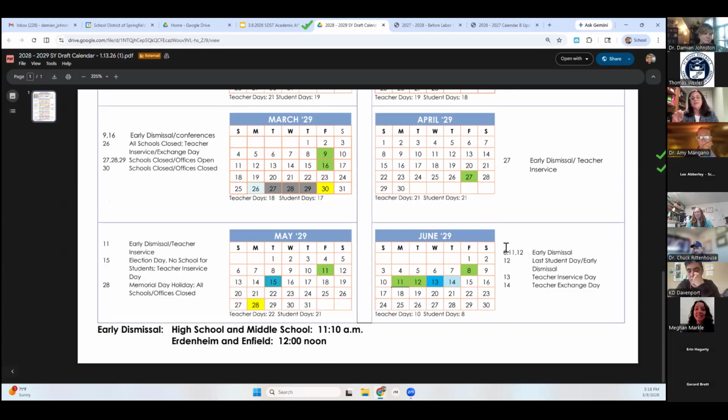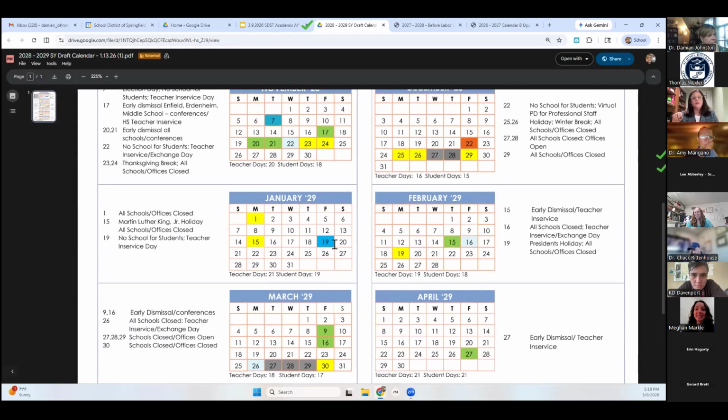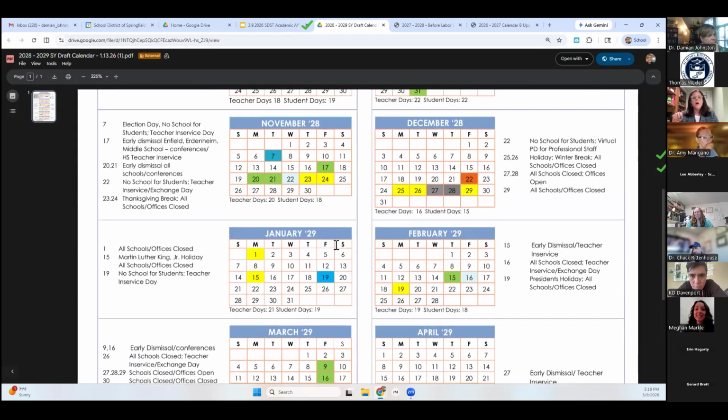And you'll see that that's a few days numerically after the previous 2 years. But once again, early in June. And then we have a full week of spring break. And if you scroll up, Dr. Johnson, we've held in November the same conference schedule that we have for the next 2 years. We've held our family conferences in the spring.